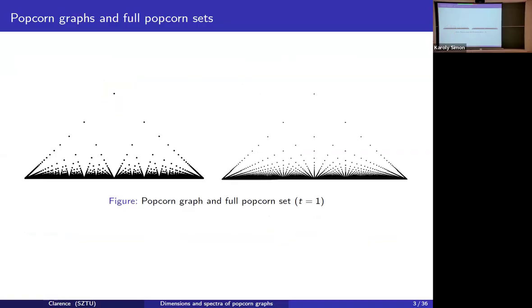The left one is the popcorn graph, and the right part is the full popcorn set. Here I would like to say a few words about the construction of the popcorn graphs. The popcorn function says at x equals p over q, the value is 1 over q to the power of t.